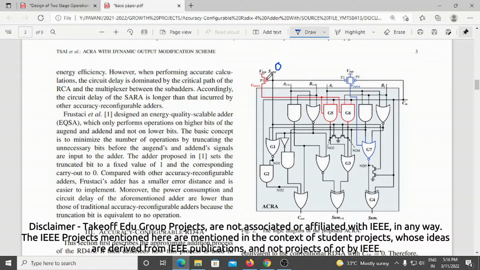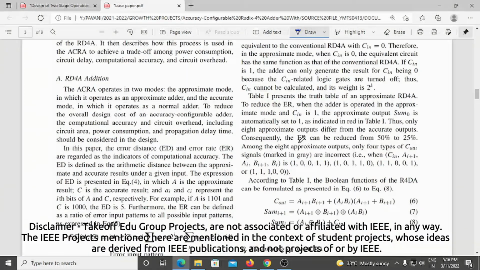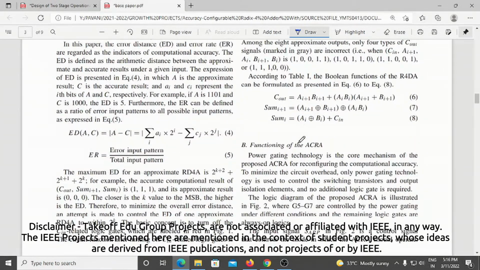Here SKP is 0 means this one is in the on condition, which is nothing but 1, and 1 is given to these transistors, and as 0 is given here, it won't supply and it will turn off the transistors. And as SKP is equal to 0, here we are getting the approximate results.